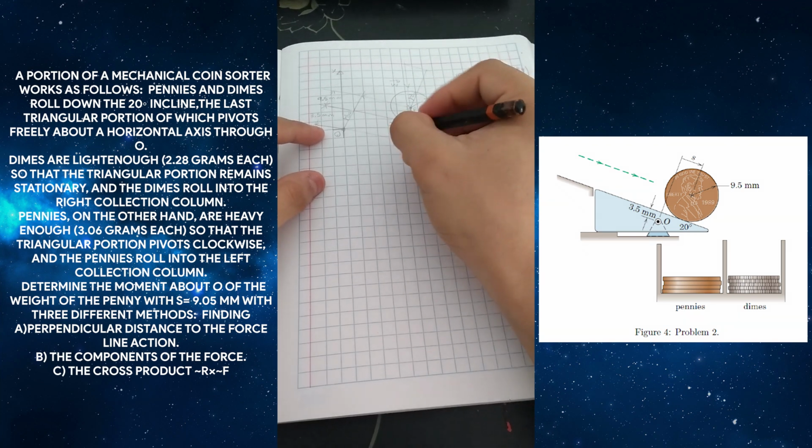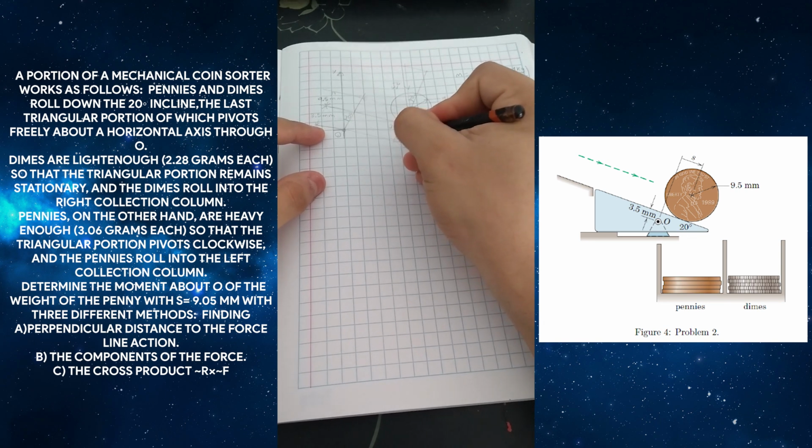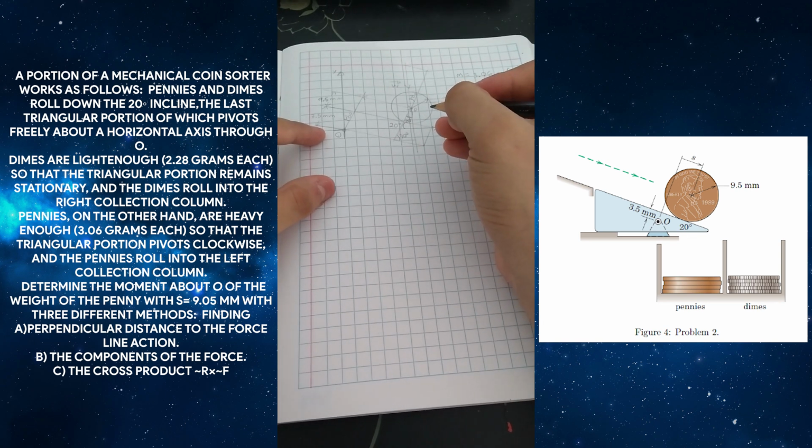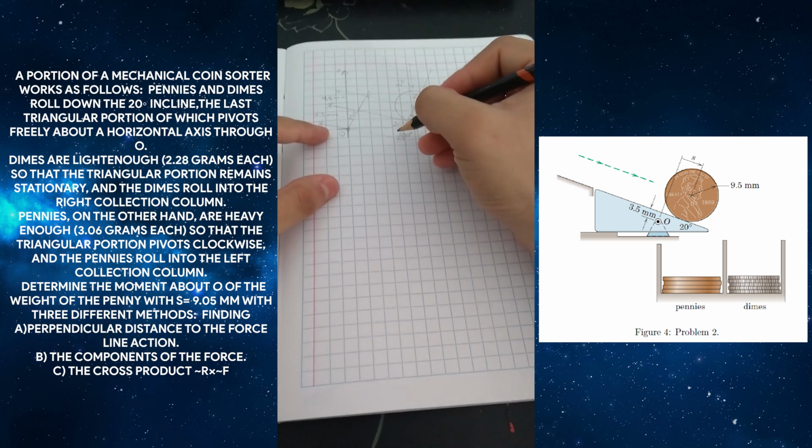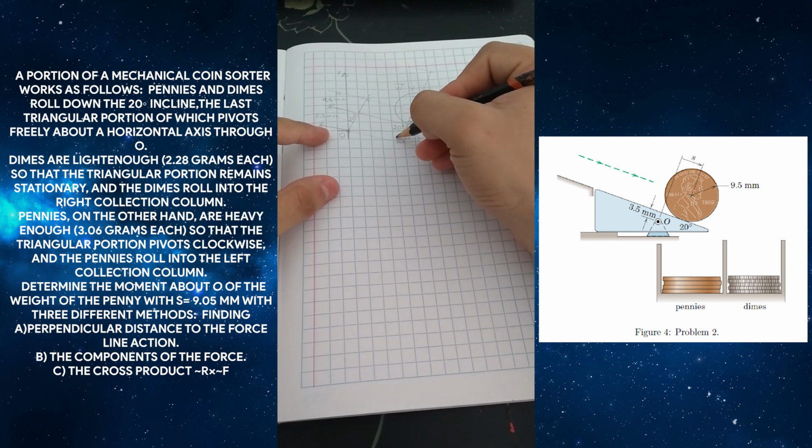So for that, we can say that this angle is 70 degrees, and here we have another triangle.